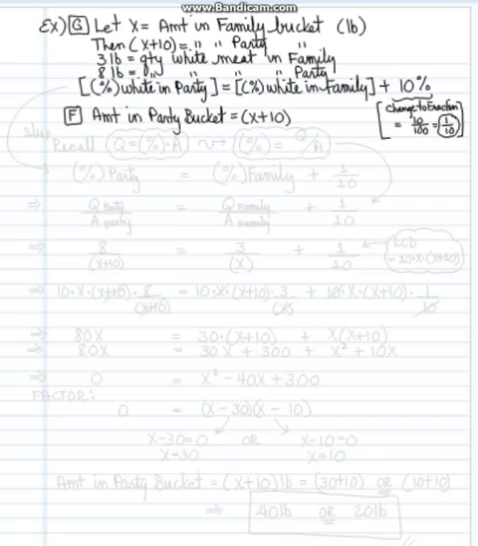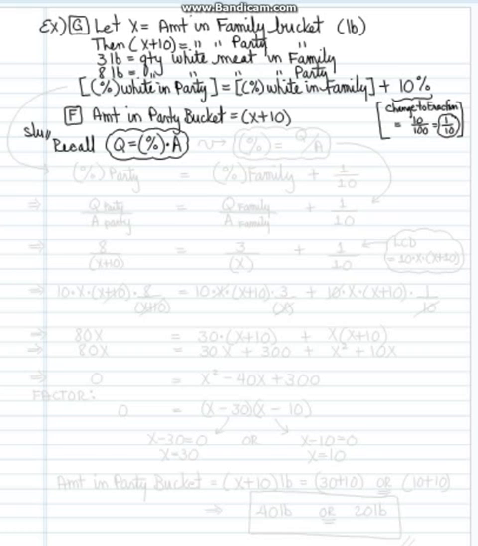So if we find x, we can figure out what the answer is. So the first thing we want to do is recall a formula. The quantity of the white meat in the bucket is equal to the percentage of white meat times the amount of chicken in the bucket.